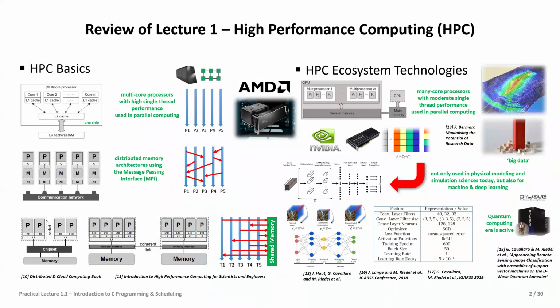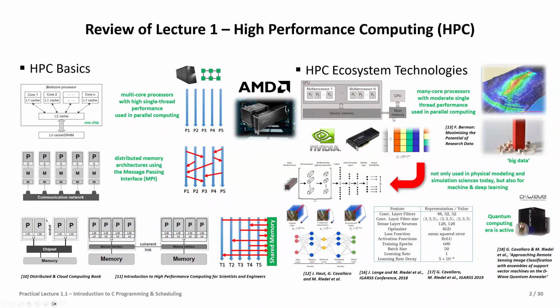So these were basics, and there were many others, but it is also important to understand the ecosystem of technologies that came along, and some of the applications that we have. For instance, the multi-core chip was very different from the many-core chip, which is important to understand, especially today as there are many more accelerators, as we call them, GPUs, graphical processing units. Today we have quite a dominance of NVIDIA, but AMD, Intel and others are catching up to have many-core processors.